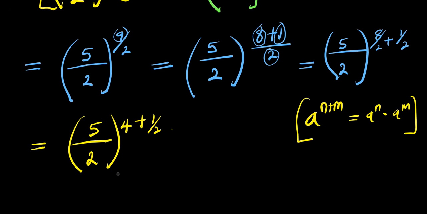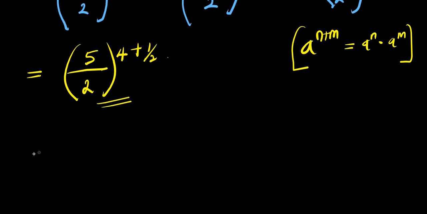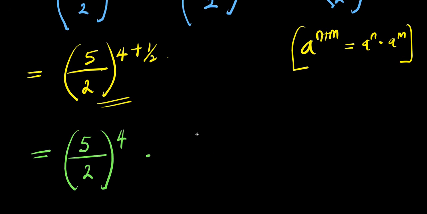So we apply this identity right here. That means we are going to have 5 over 2 to the power of 4 times 5 over 2 to the power of 1 over 2.